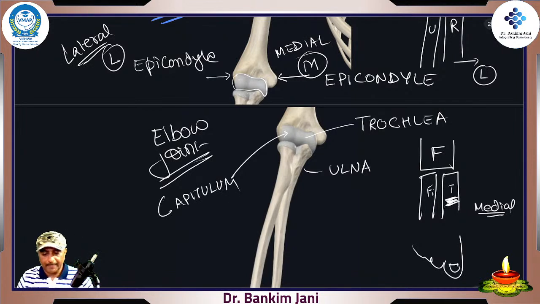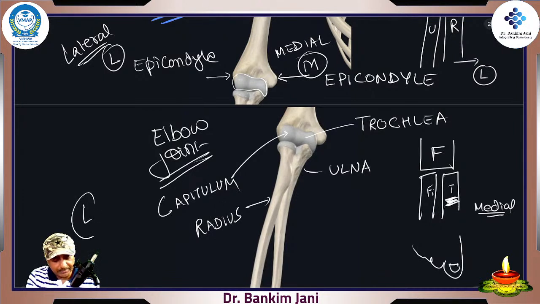So the capitulum would be talking to the radius. That's the lateral aspect, right? And the ulna would be communicating with the trochlea. Because the trochlea is bigger and wide, the upper end of the ulna would be like this, so that it can properly move, right?